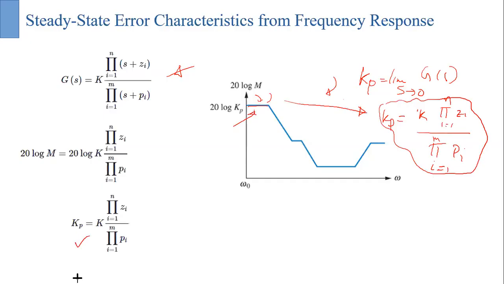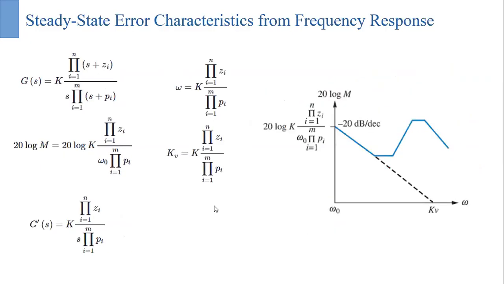So it will be given in logarithmic 20 log Kp. So basically, you have to find out the anti-log of it to find out the actual magnitude. Now, how to find out? This is for type 0. Okay, so type 0. Now, what about the next ones, type 1?